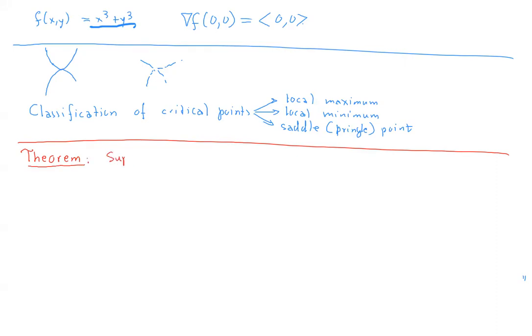Suppose that (a, b) is a critical point in the interior. When I say interior here, I just mean that the point is surrounded by an open disk or is inside an open disk where the function is defined.